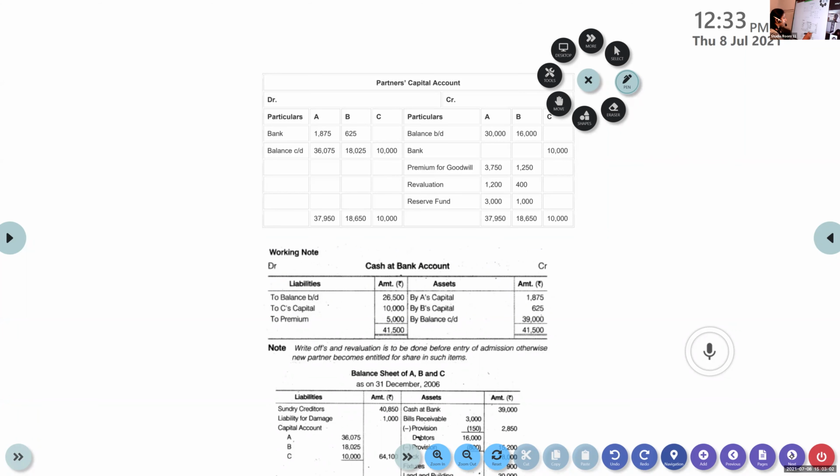Half of 5,000 is 2,500. This 2,500 is withdrawn by A and B, the old partners, in their old ratio.